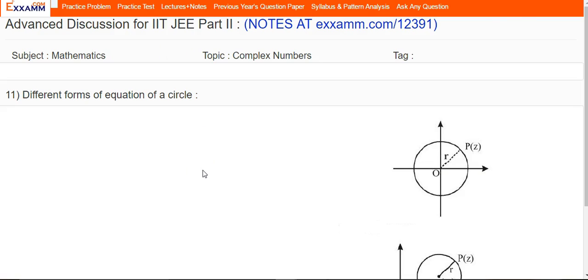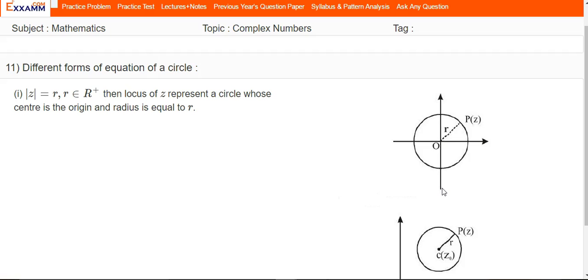Now the first equation is obviously that of the circle with the origin as center. In this case the equation would be modulus of z is equal to r, because for all points on this circle the distance is z minus 0, so its modulus is modulus of z minus 0, that is modulus of z, and this is constant because it is the radius of the circle.